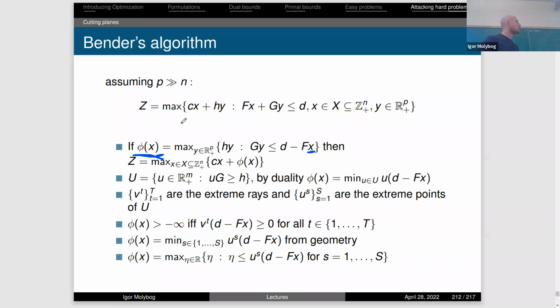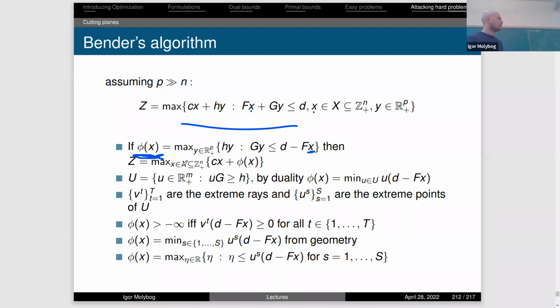So in this original problem, we just fix this x to be a certain value, and then we solve a linear programming relaxation and see what happens. So this is how we decide, and the corresponding optimal solution is denoted as phi of x.